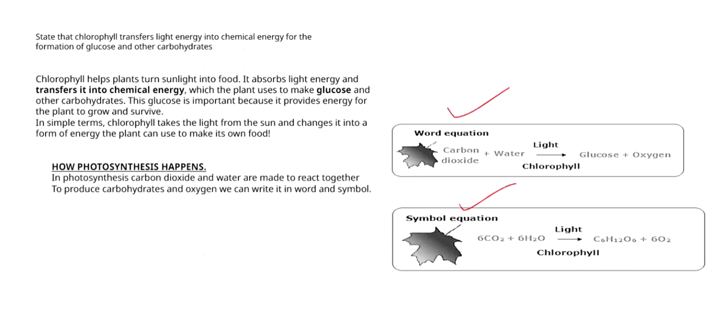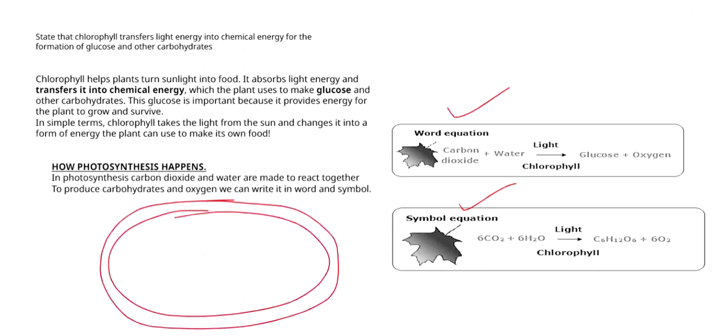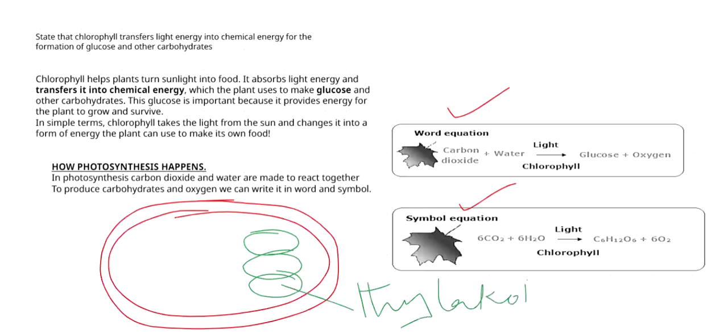And now I'm going to draw the chloroplast. In chapter number 1, you already studied the structure of the chloroplast, but here we draw it again. The chloroplast is double membranous, and in the chloroplast, some plate-like structures are present, which are called thylakoids. These thylakoid plates have a green pigment in them, which is called chlorophyll.